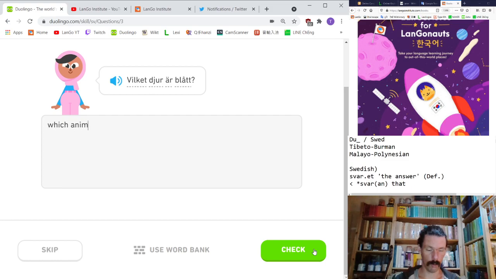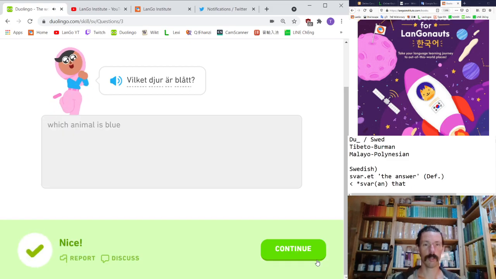Which animal is blue, är blått. So, in an open syllable, this A with the circle diacritic, the AO combination, is a diphthong in modern Swedish, would be blåa. But in a closed syllable, it's a monophthong.